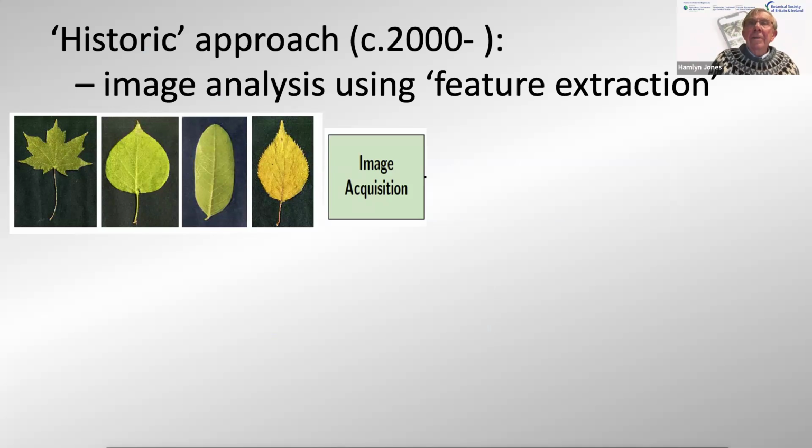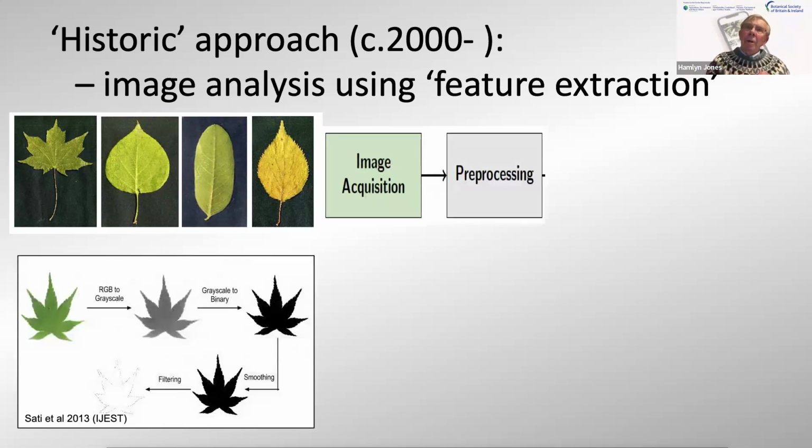From about 2000, there was a large interest in developing image analysis to extract features of plants and use them for identification. In this approach, you start off with acquiring a range of images of typical leaves, for example, of the plants you were interested in. Make sure they're nice, clear images.